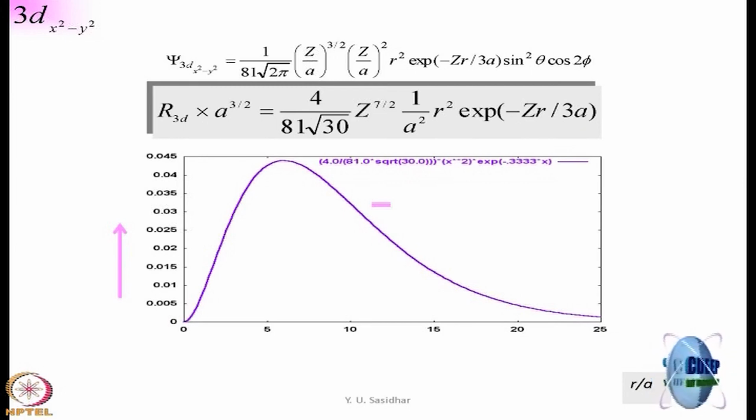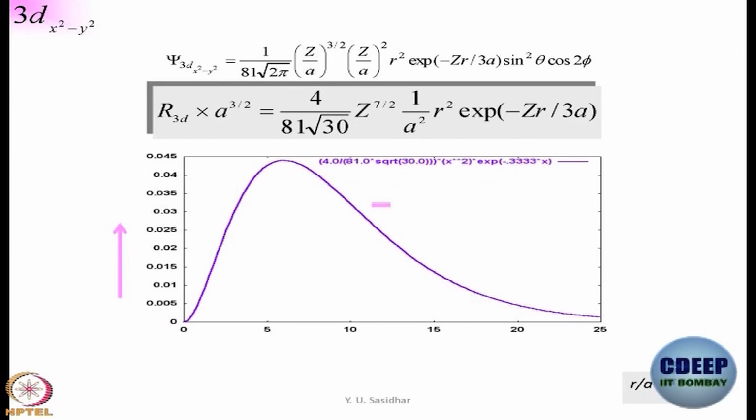You have a constant, then you have r square, that is the capital R dependent part of the wave function, multiplied by e to the power minus Zr by 3a, that also is part of capital R dependent part of the wave function. The angular part is sin square theta cos 2 phi. Okay. This is your dx square minus y square orbital.